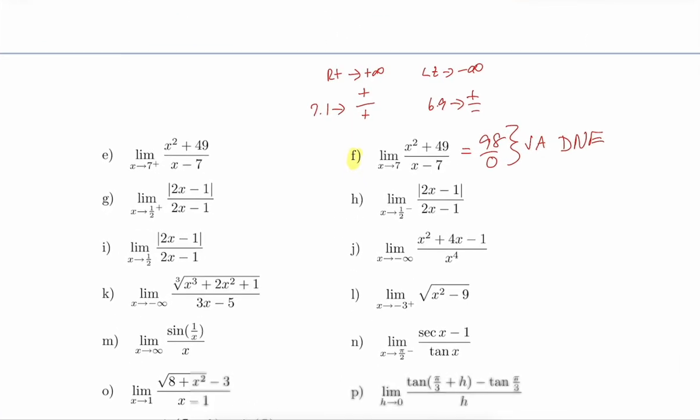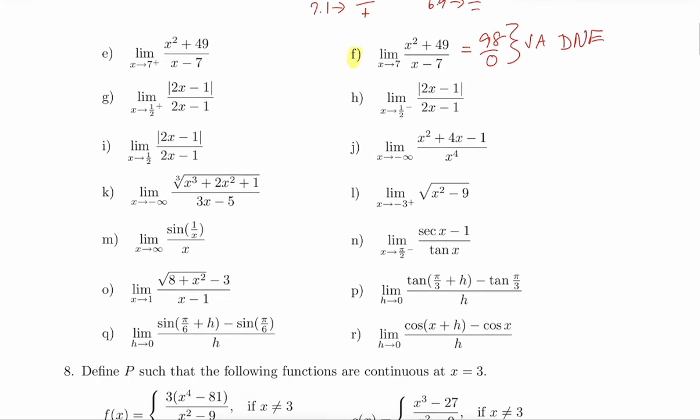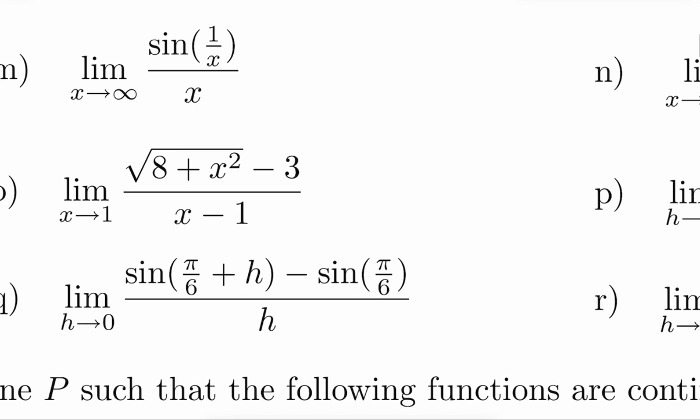Now I want to do a square root one. Everybody, let's take a look at O. First thing we always try is direct substitution. If you plug in 1, you get 3 minus 3, or 0, on top. You get 0 on the bottom. There's a hole.